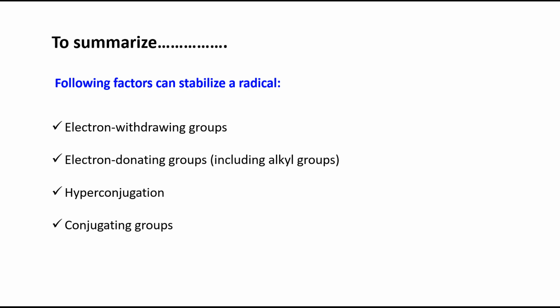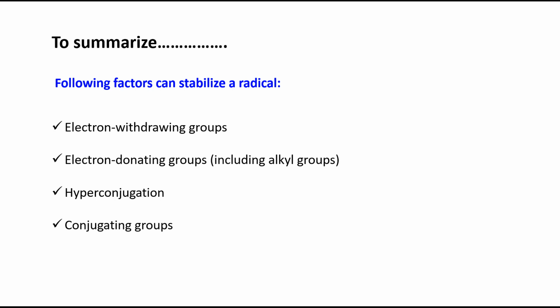Now these hyperconjugation and conjugating groups stabilize carbocations in the same way, and if you have any doubt regarding how conjugating groups stabilize carbocation, please watch the videos on carbocation, and the playlist link you will get right now, in the upper right corner. There you will find how these factors stabilize carbocation. The same way they can also stabilize radicals.